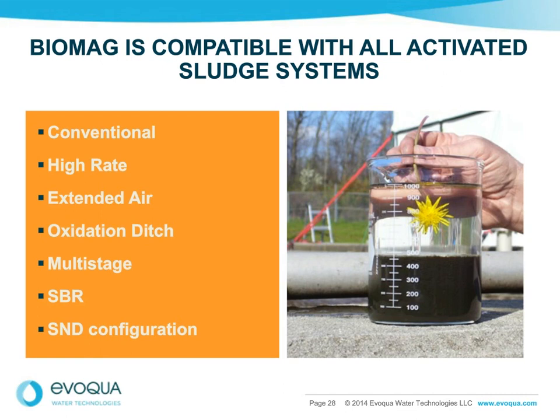Now, the application of BIOMAG is pretty broad to any activated sludge process. Biology determines what type of biological process you're going to run. If you're trying to remove just BOD, it could be a conventional high-rate system, or COD that's biologically removable. If you have to do an ENR process and remove phosphorus or nitrogen, to do denitrification and nitrification, you may run an oxidation ditch or a multi-stage type process.